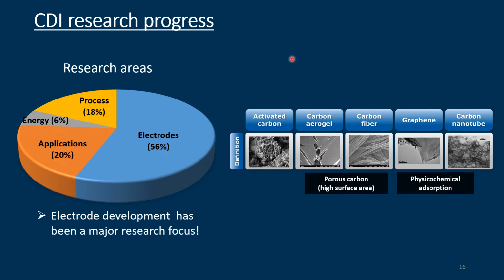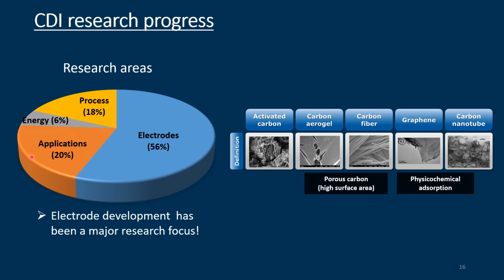At this stage, activated carbon is the most widely used electrode, because it is relatively cheap and has a very high surface area, almost 2000 square meters per gram. Other materials are very useful, but the cost is still very high. That's the reason why most commercial electrodes use activated carbon.